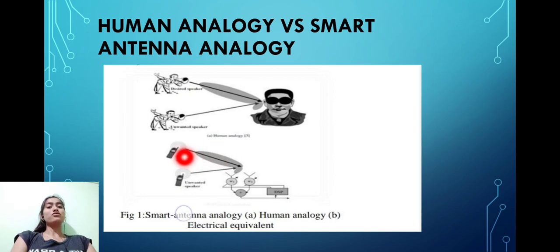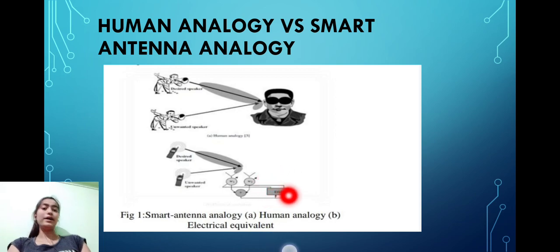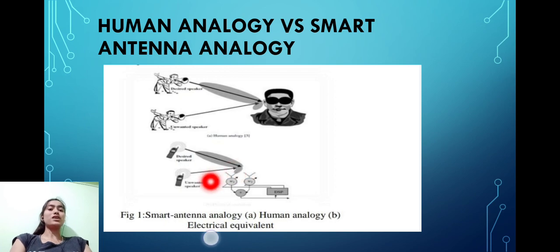This is the desired user, which will send the signal to the smart antenna. Antennas will capture the signal and apply it to the phase shifting network. The output of the phase shifting network and the smart antenna are applied to the DSP. The DSP will determine the direction of arrival and steer the beam in the direction of the desired user and place nulls in the direction of the undesired user.